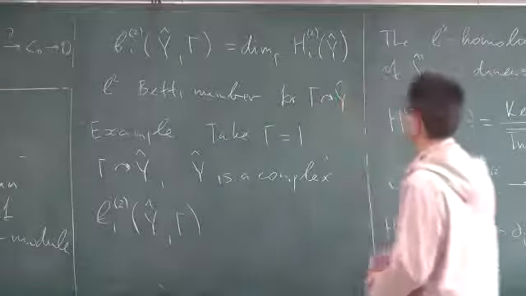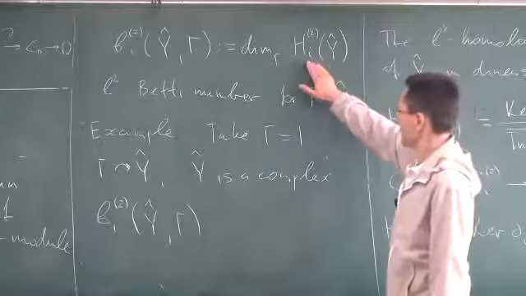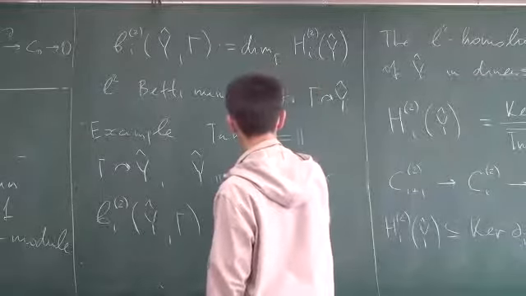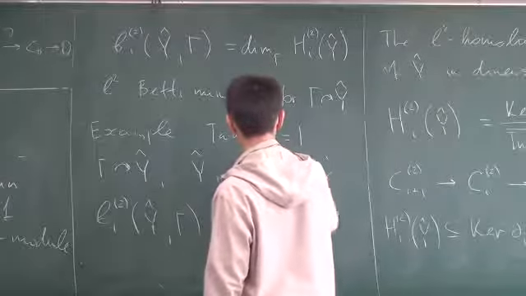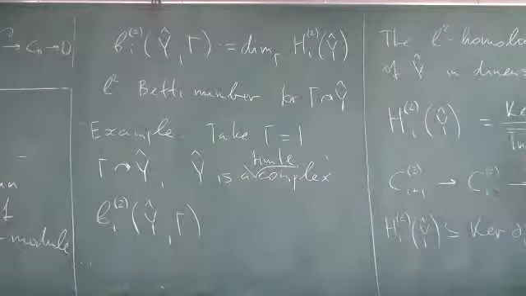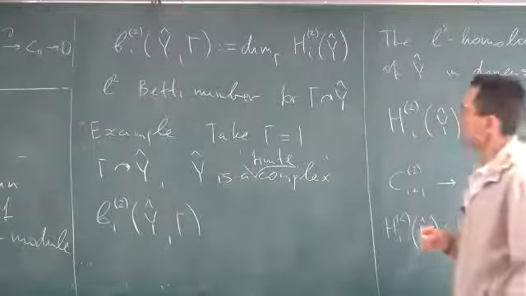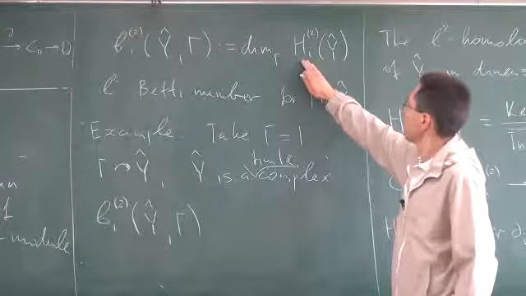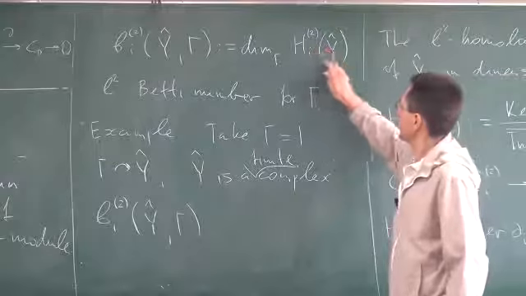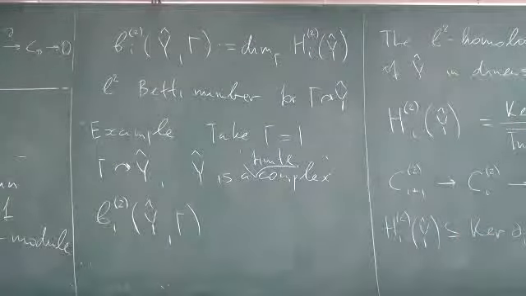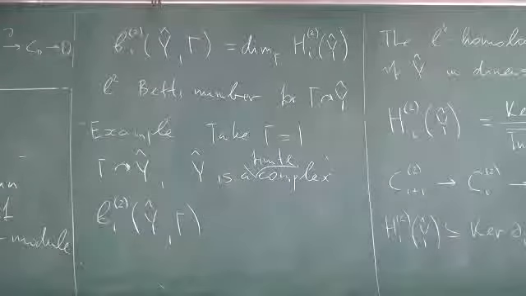We follow the definition. How about we take a finite complex, just to avoid any technicalities? So the trivial group acting on a finite complex. What's the i-dimensional L2 homology of this? You follow the definition: you take the kernel and divide by the closure of the image.